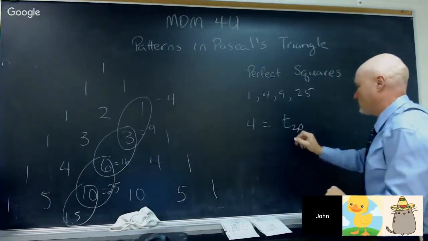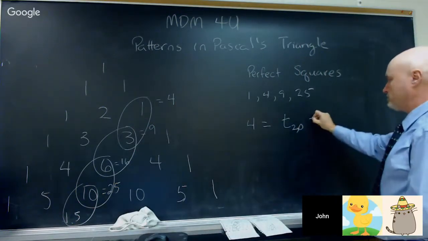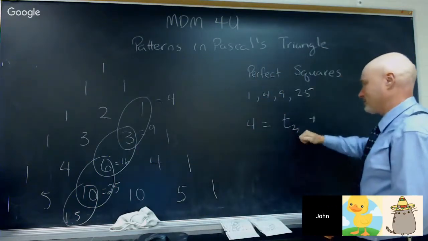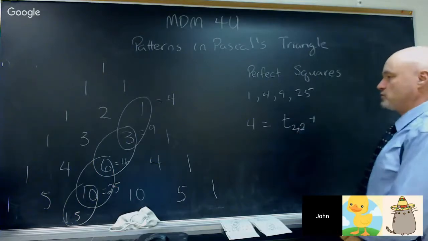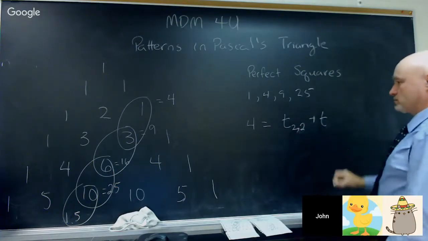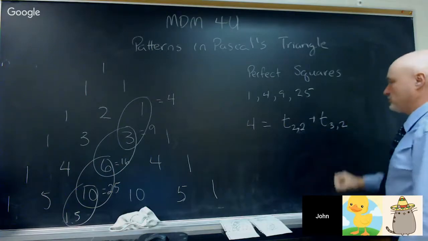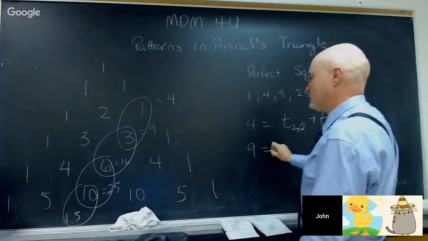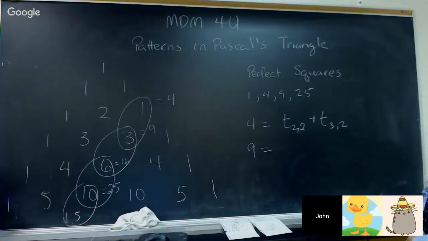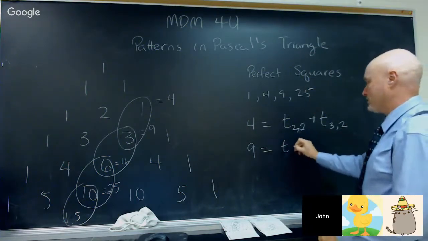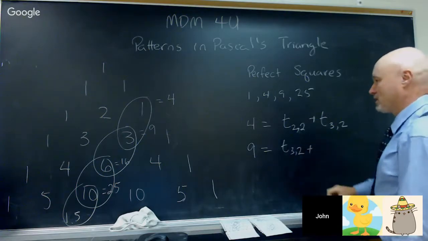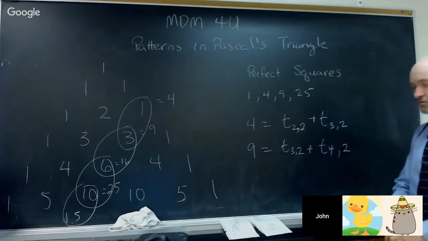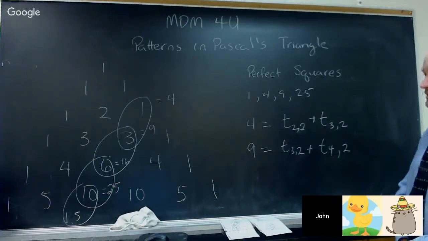So term 2, 2 plus term 3, 2 is equal to 4. And for 9, very similar: term 3, 2 plus term 4, 2. Okay, and there's where all the perfect squares come in.